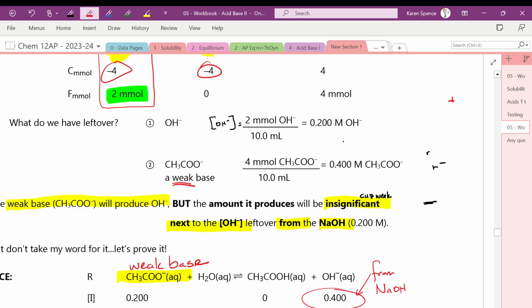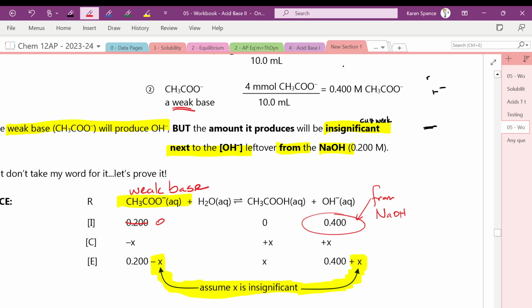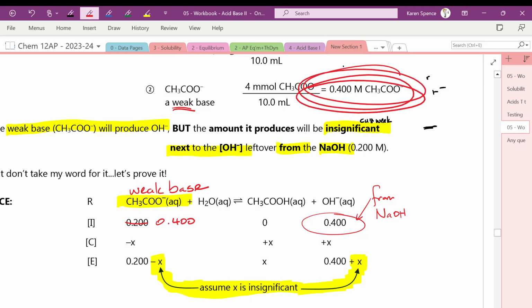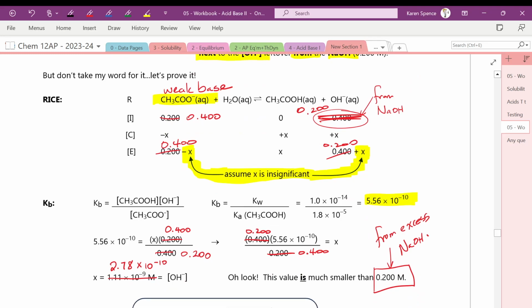So let's look. This should actually be 0.4, and this should be 0.2. I can reprint this page for you if you would like, so you can replace it and not have a copy that's scribbled all over. Okay, and then we will have 0.4, and then we will have 0.2, which means this stuff down here was originally correct.